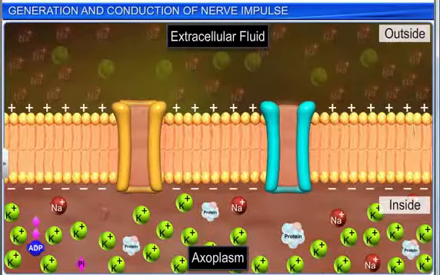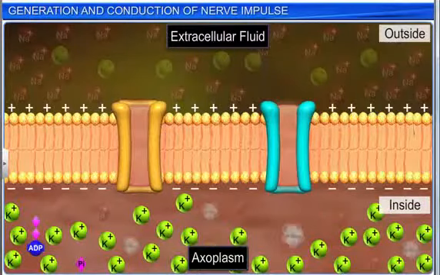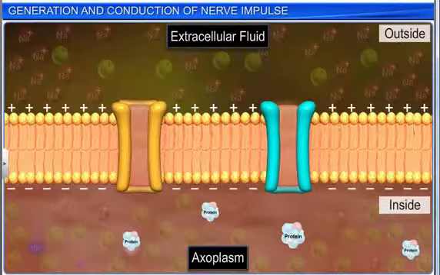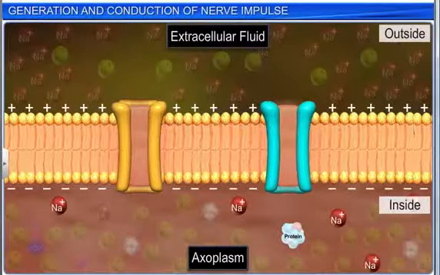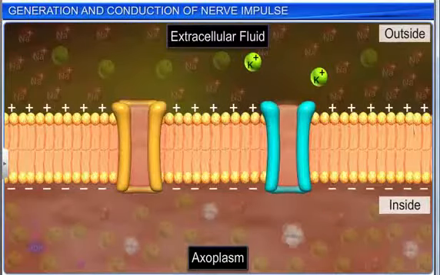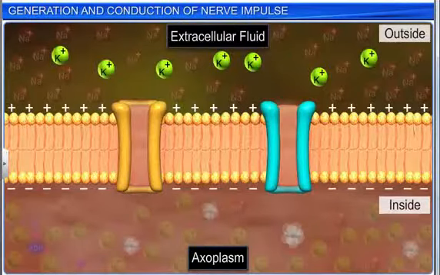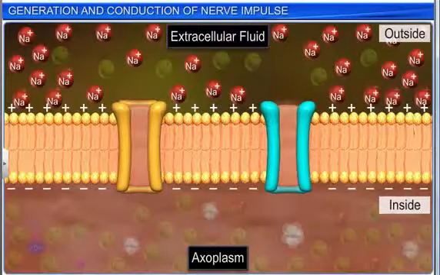Therefore, the exoplasm inside the axon contains a high concentration of potassium ions, negatively charged proteins, and a low concentration of sodium ions. On the contrary, the extracellular fluid outside the axon contains a low concentration of potassium and a high concentration of sodium.